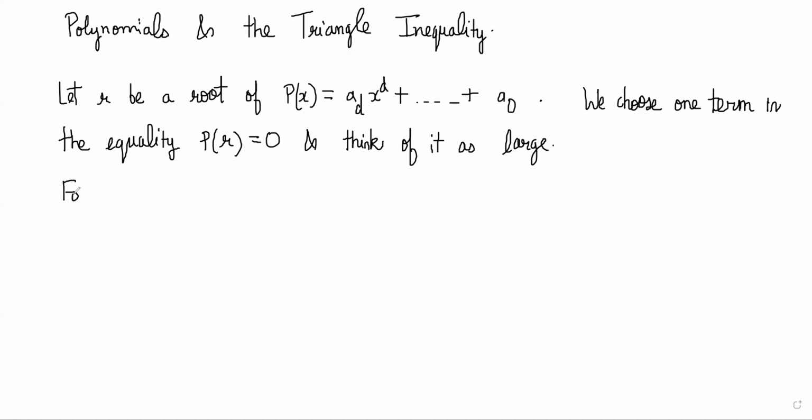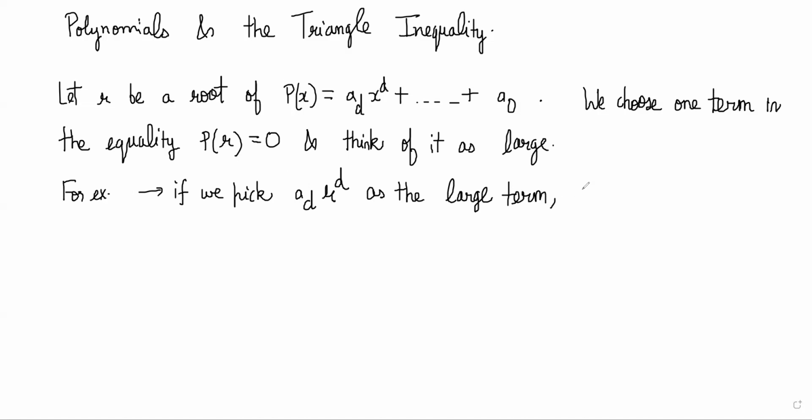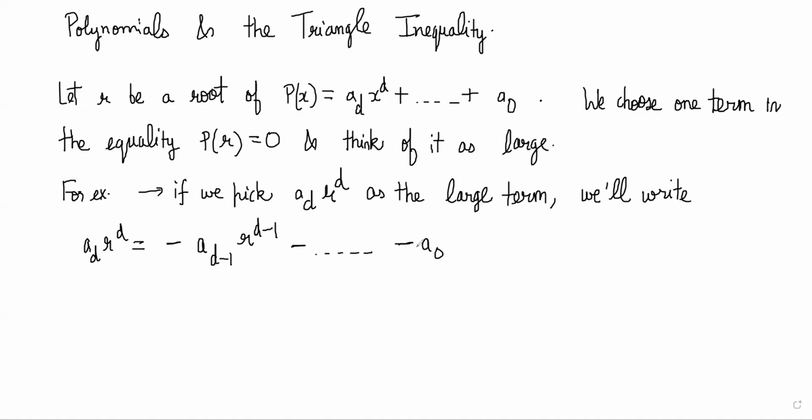For example, if we pick the term a_d r^d as the large term, we will write a_d r^d is equal to minus of a_{d-1} r^{d-1} and so on till minus a_0, right?